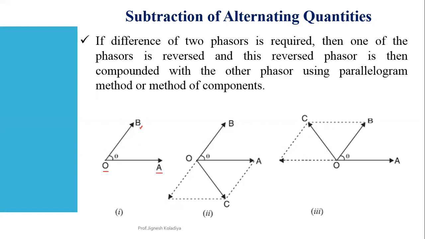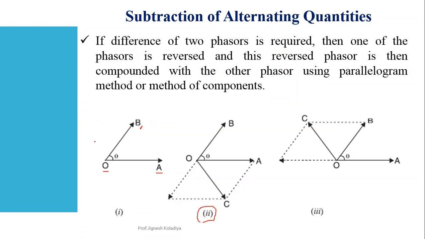So you can see this vector OB is leading by angle theta with respect to vector OA, and I have to do the subtraction of these two vectors. So as per this line, if you require the difference or subtraction of two vectors, then one of the phasors is reversed.